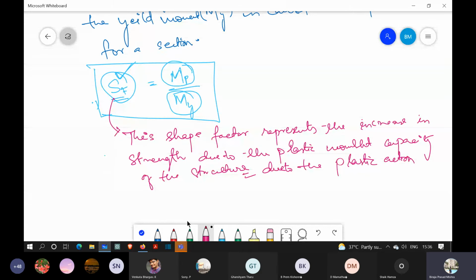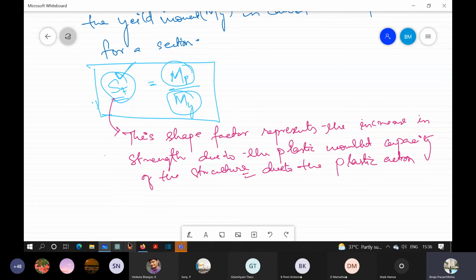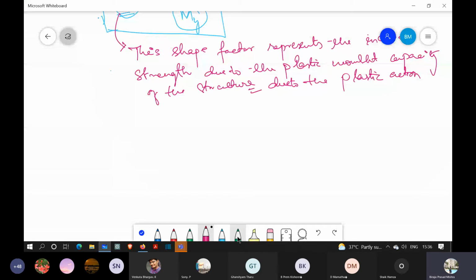Let us say this is SF, for the rectangular section. So the shape factor will be MP by MY.